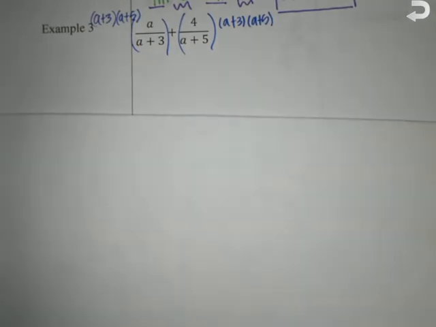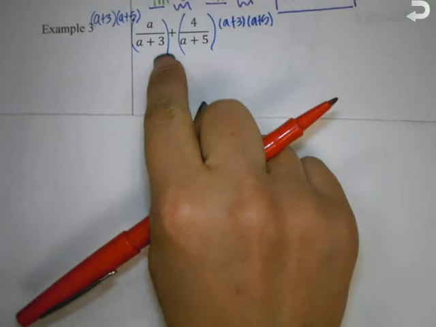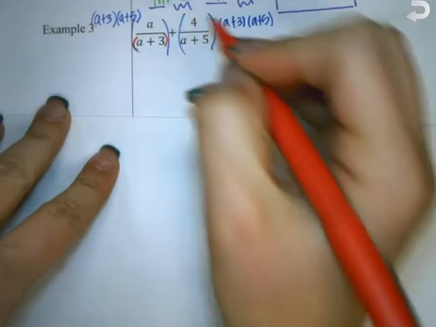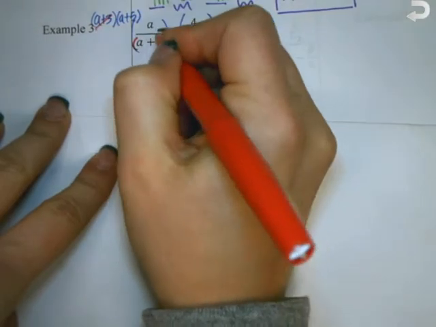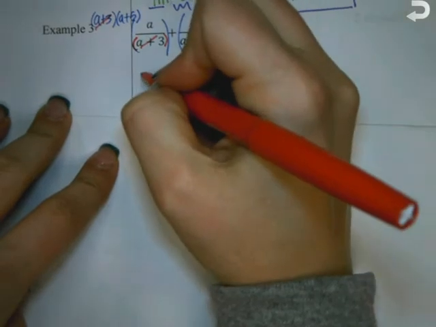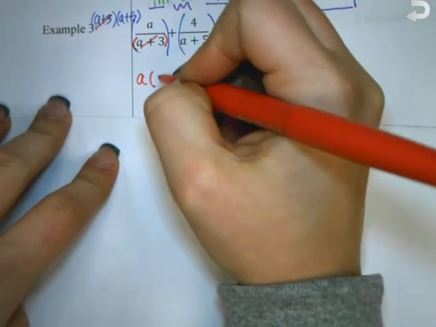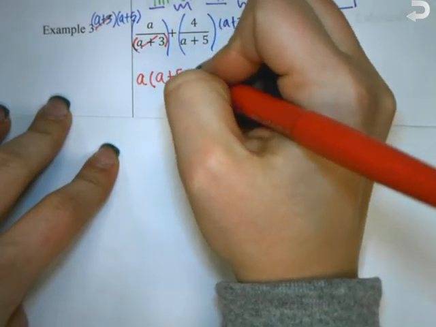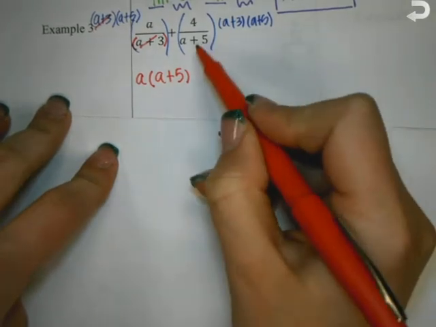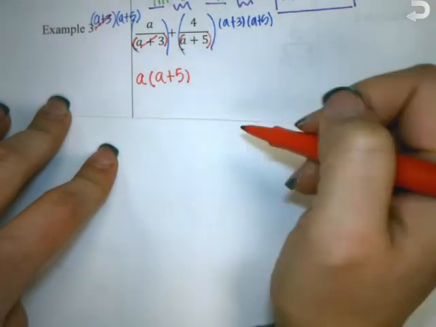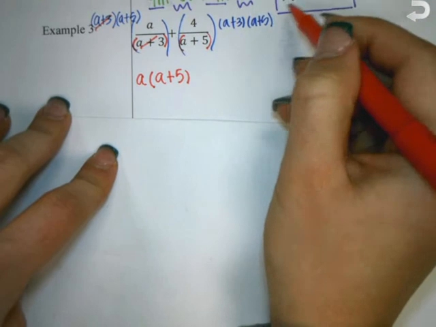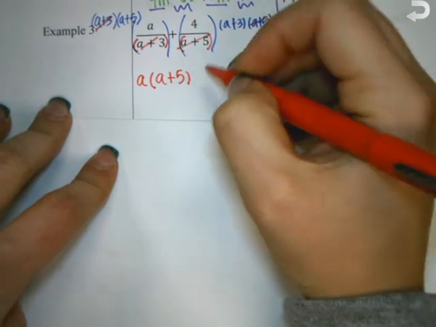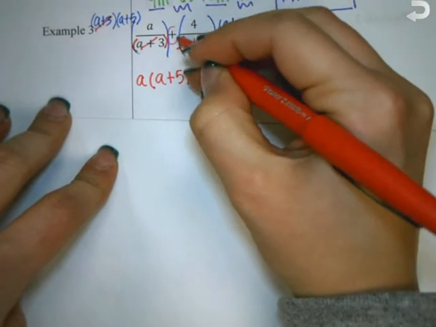And then on this left-hand side, what cancels? The a plus 3. So what are we left with? A times a plus 5. On the right-hand side, what cancels there? The a plus 5. So we're left with plus 4 times a plus 3.